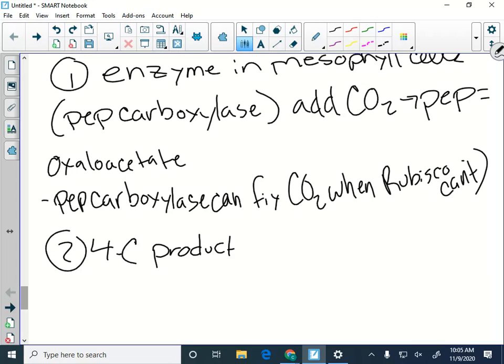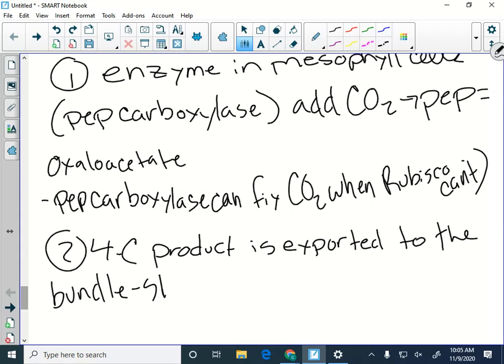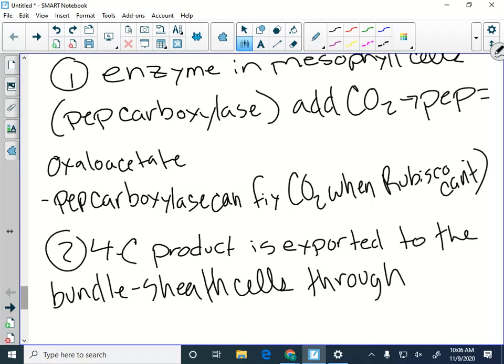Our 4-carbon product is exported to the bundle sheath cells. If you remember our cell junctions conversation, that happens through junctions called plasmodesmata.